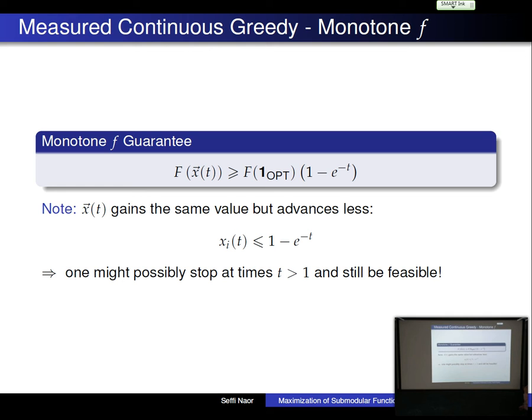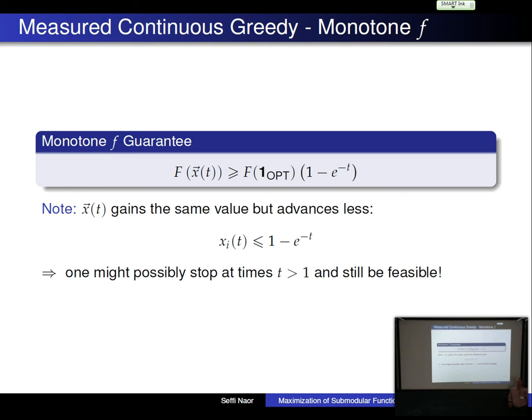So in principle, when we run the measured continuous greedy, we get the same bound as the continuous greedy, which is 1 minus 1 over e. However, one advantage of the measured continuous greedy is that it makes less progress.